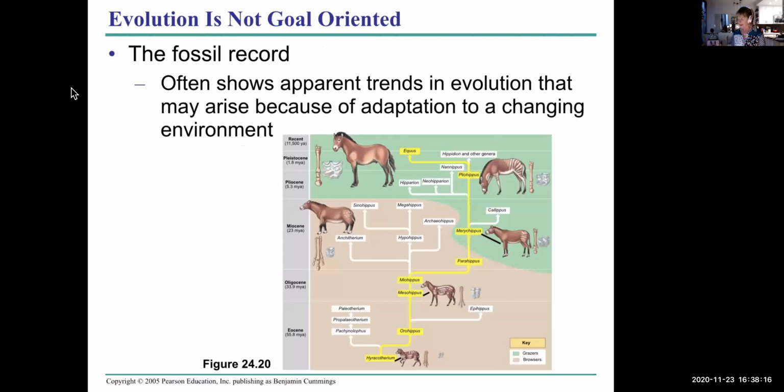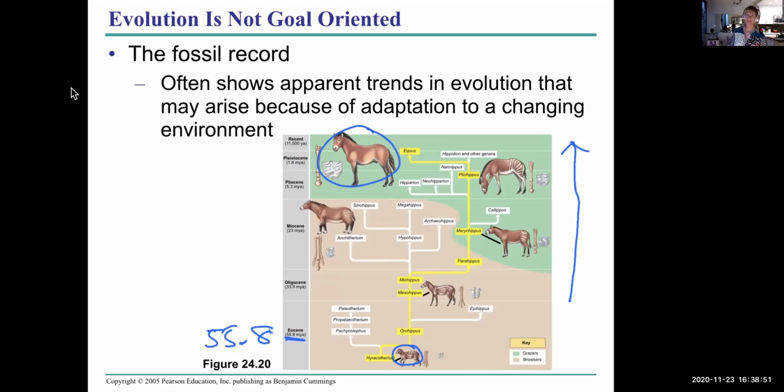One thing to remember, it's very important, is that evolution is not goal-oriented. Sometimes, if you look at the fossil record, it kind of seems like it is. For example, we're looking at horses. This is an ancestral horse. It's quite small, actually. And eventually, through evolution over a long period of time, from the Eocene, 55.8 million years ago, to the present, more recent horses look like they became larger and larger.